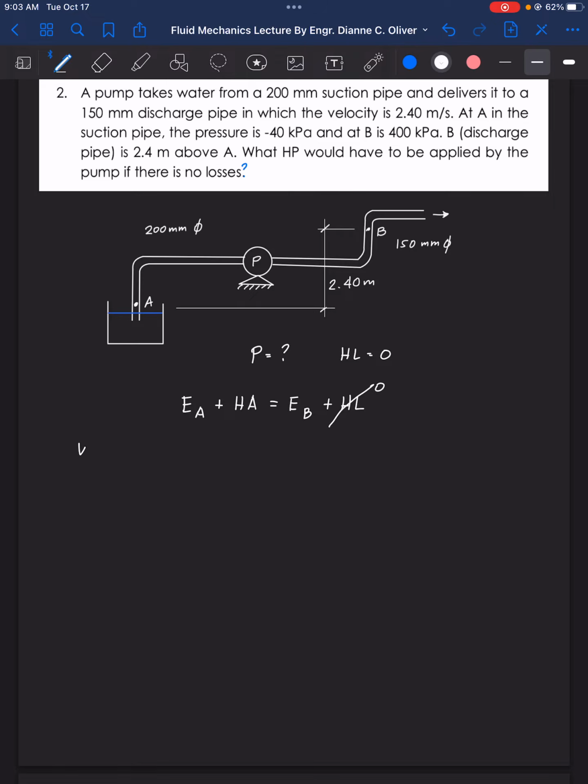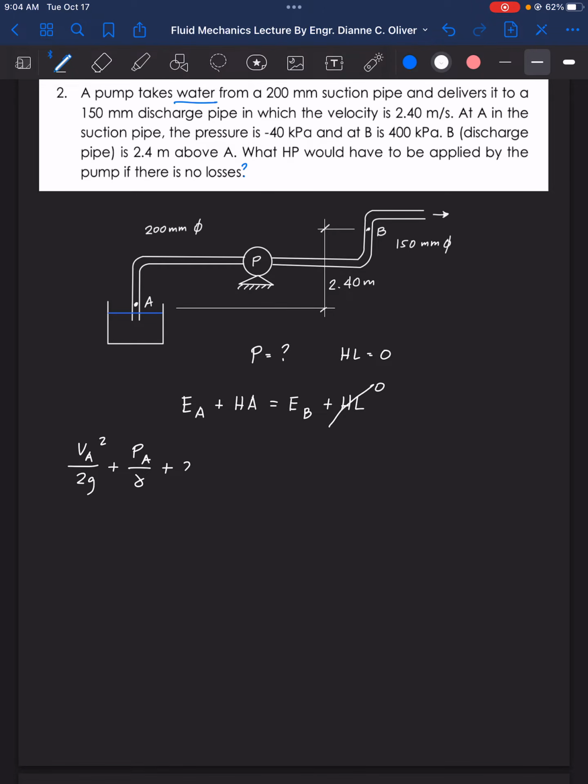So VA squared over 2g, the velocity head, plus pressure head. So we're using water, so our liquid is water.